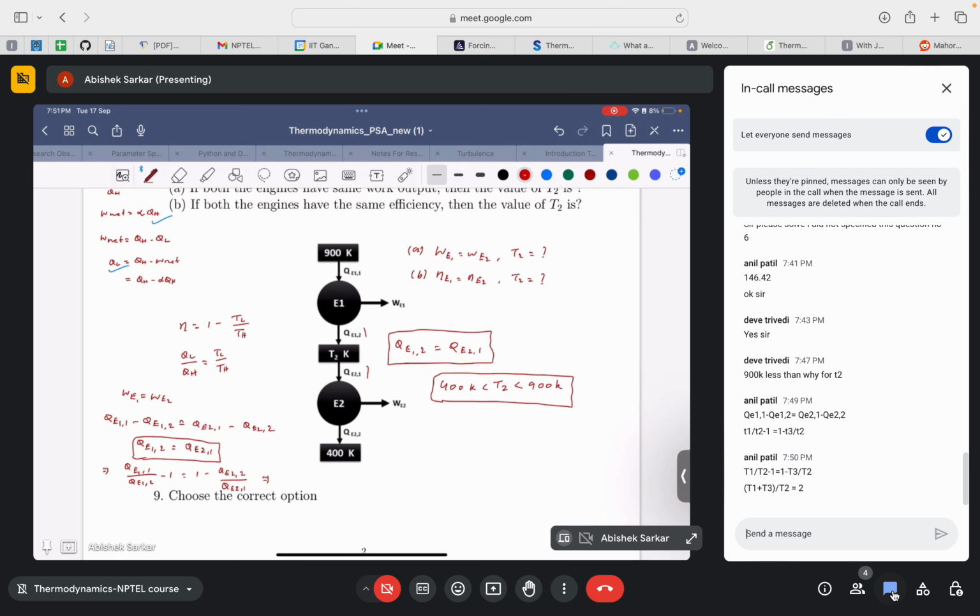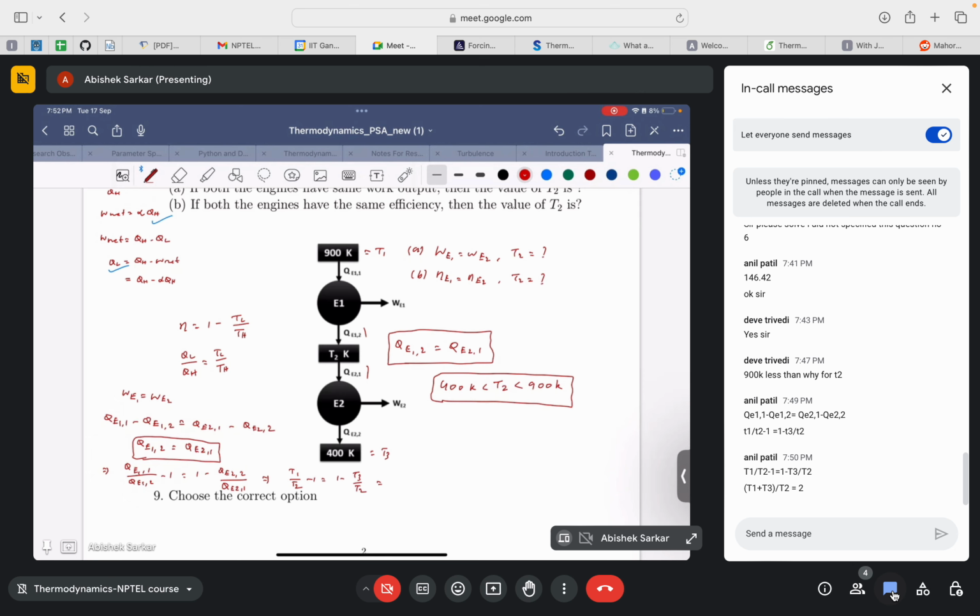Since these are reversible heat engines, if we take this as T1 and this as T3, to simplify it, you will have T1 by T2 minus 1 equal to 1 minus T3 by T2.